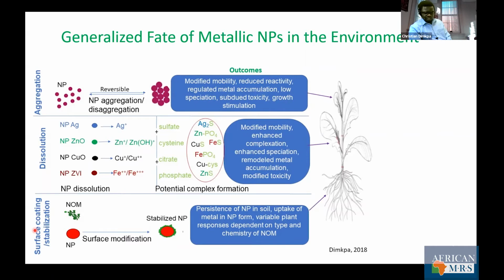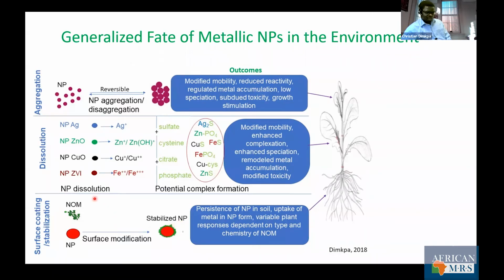So in the soil, these particles will come in contact with organic acids, such as citric acid or tartaric acid. And if these acids or organic matter coat on the surface of the nanoparticles, the chemistry is modified. They become more stabilized in the soil because there's no interaction between them and the outside environment.